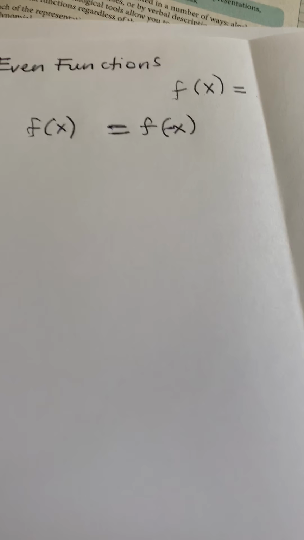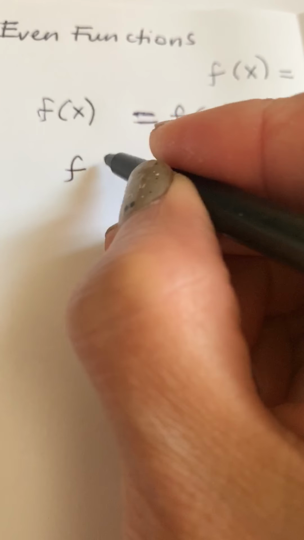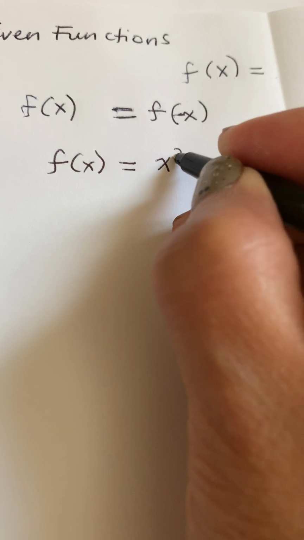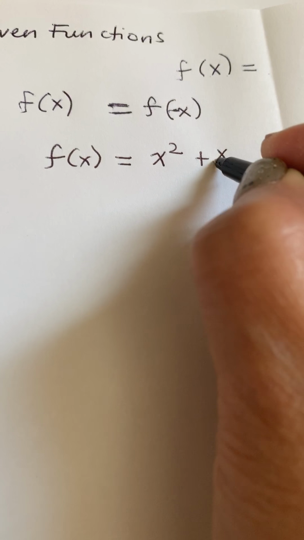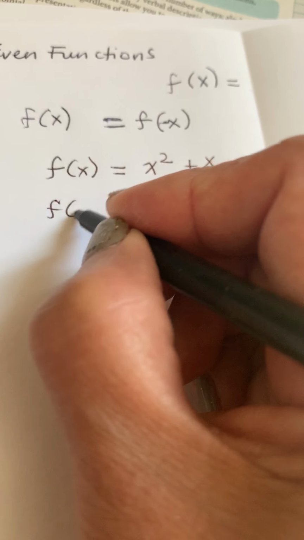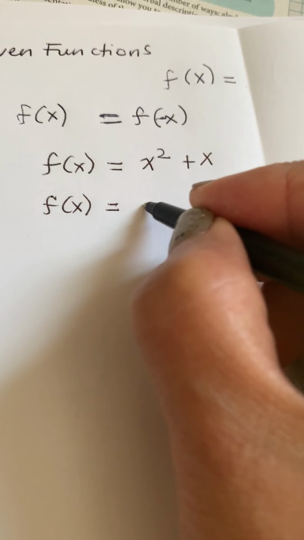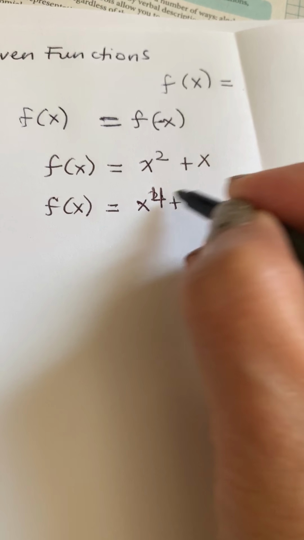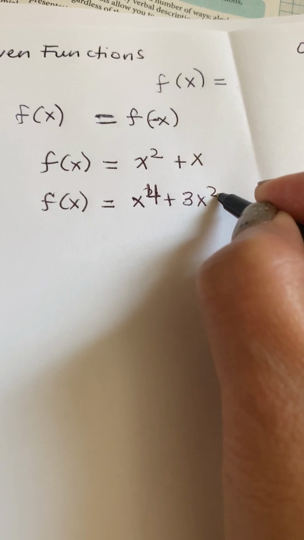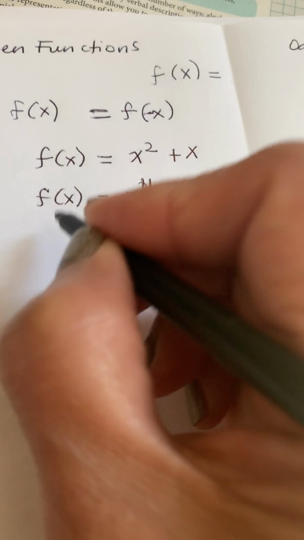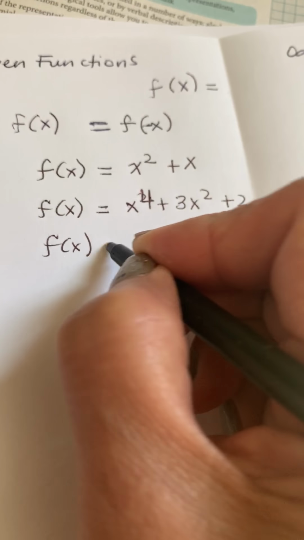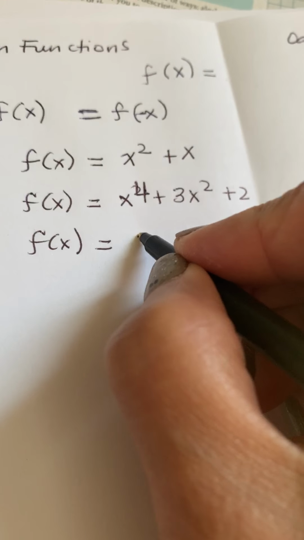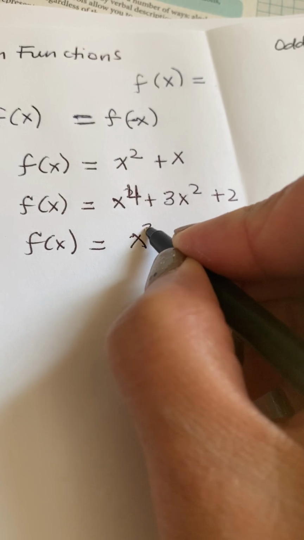Say for example, let's try simple ones. f of x equals x squared plus x. And let's try f of x equals x to the 4 plus 3x squared plus 2, and f of x equals, let's just say, x to the 3.